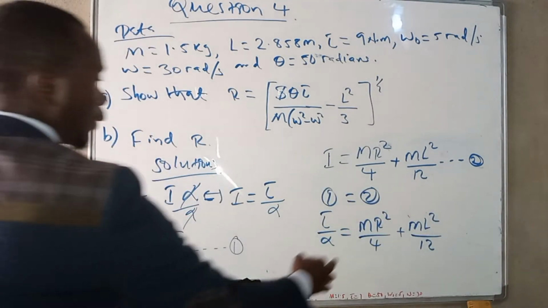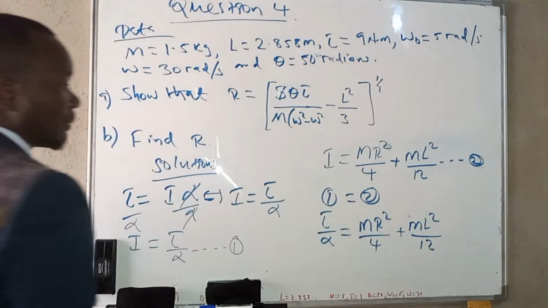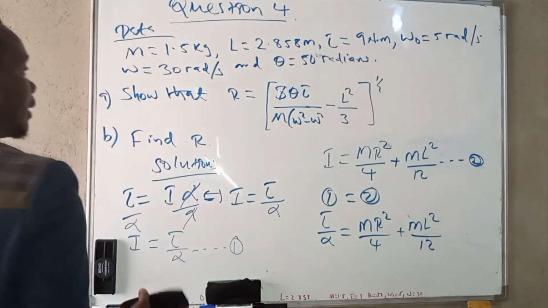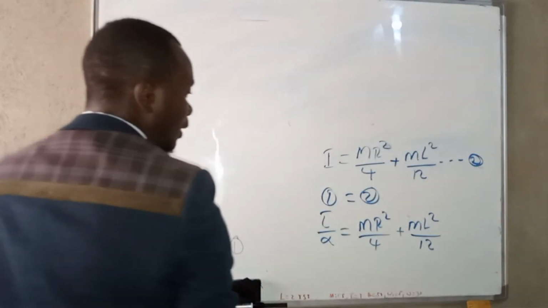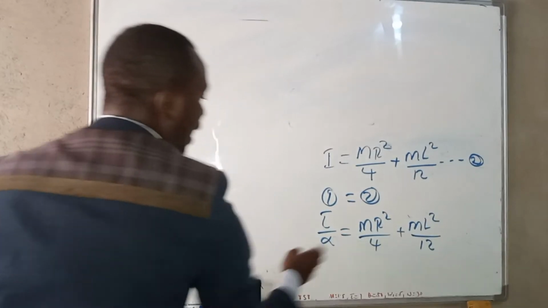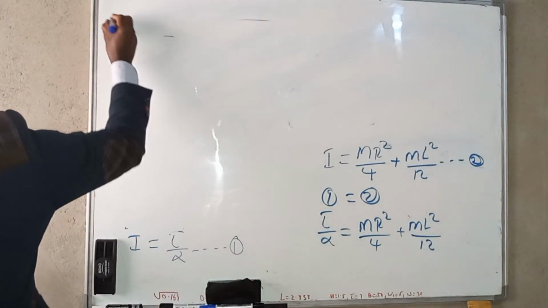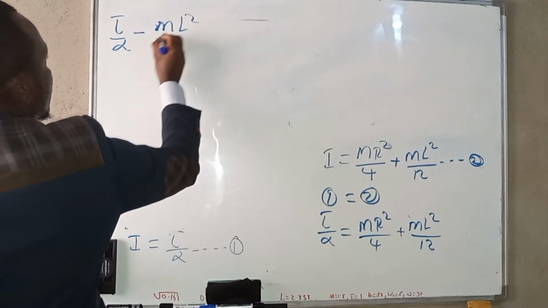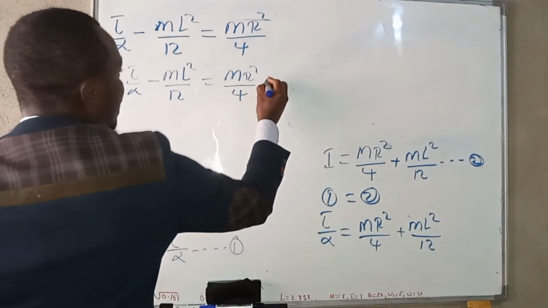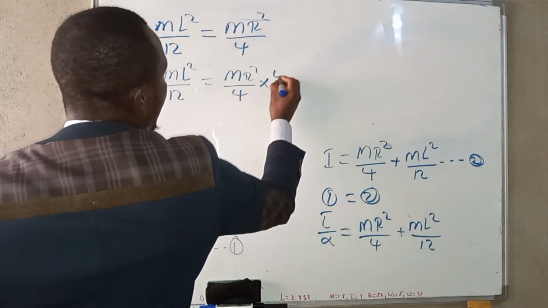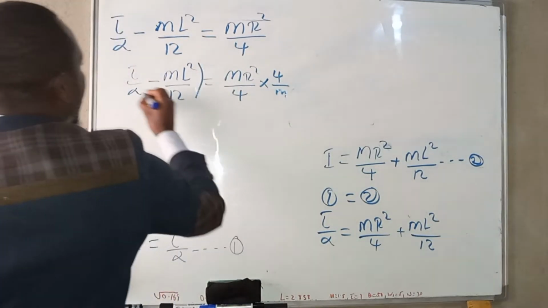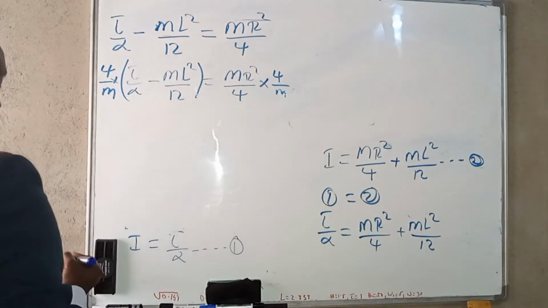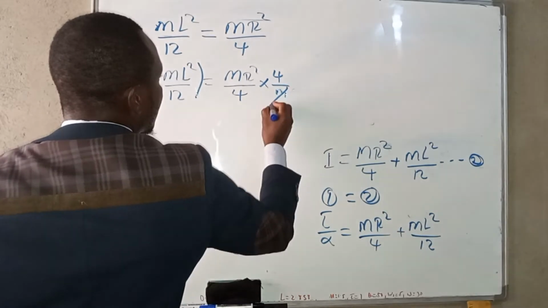Our target is to show that this is equal to this. So we are going to make sure that we come up with the expression where we remain with R here. If this one comes on the other side, we're going to have minus ml squared. Since we want to remain with R, we can multiply by 4 over m, even here by 4 over m, so that this and this will go.